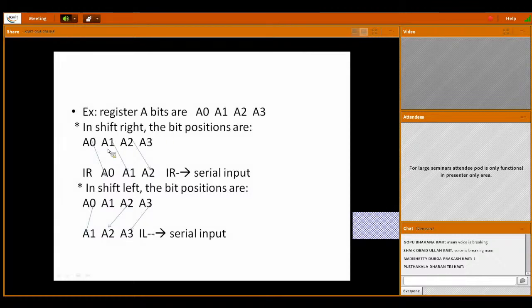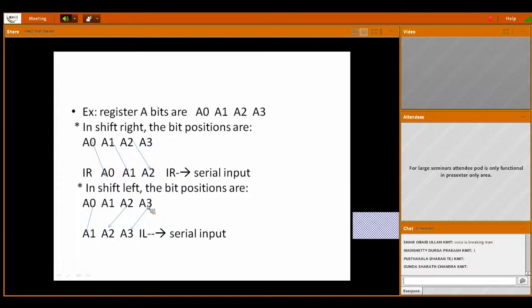Assume that when you perform a right shift operation, this is how the bits will look in the shifted register. The MSB bit A0 will come here. This A1 will come here. A2 will come here. And you will discard this A3. And a serial input will be included at the LSB bit position. Similarly, when you perform a shift left operation, how will it be?